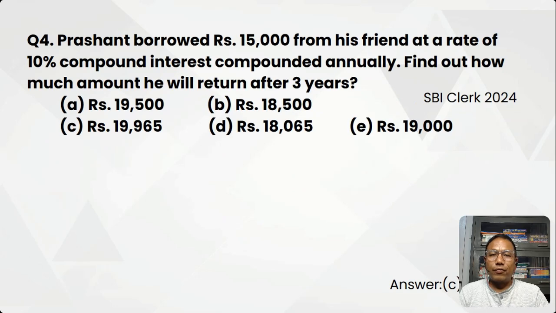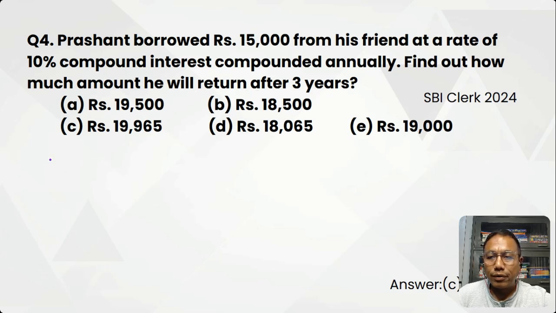Let's solve question number 4. SBI Clerk Prelims Exam 2024 question. Prasan borrowed 15,000 from his friend at the rate of 10% compound interest compounded annually. Find out how much amount he will return after 3 years. 10% more.